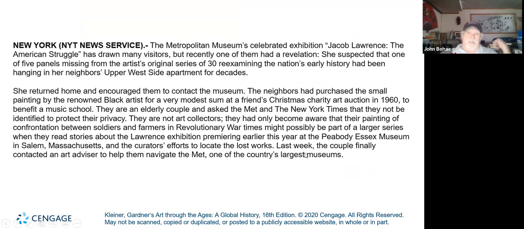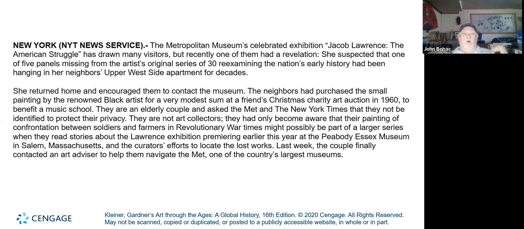I got something else here too, because Jacob Lawrence showed up in the news just a few weeks ago. It says the Metropolitan Museum's celebrated exhibition, Jacob Lawrence: The American Struggle, has drawn many visitors, but one of them had a revelation.